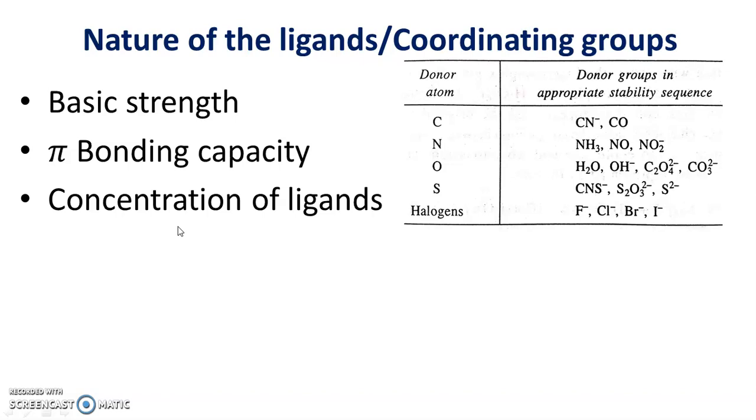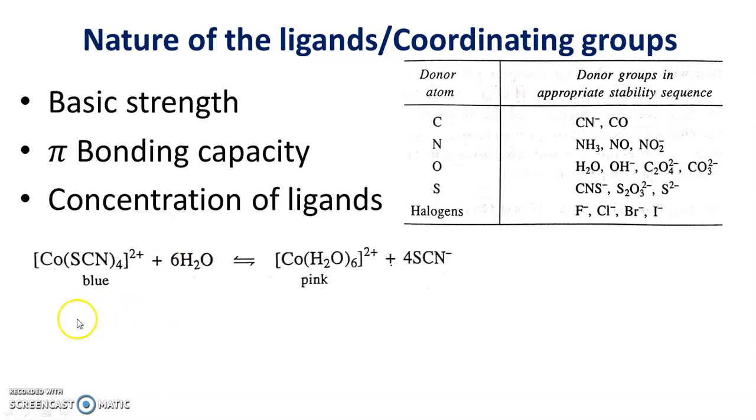And here you can see the blue colored cobalt complex with thiocyanate ligand. When water is added to this complex, as the concentration of water increases compared to the concentration of thiocyanate, slowly the water displaces or replaces thiocyanate and we get the aqua complex, and the color of this complex changes to pink.